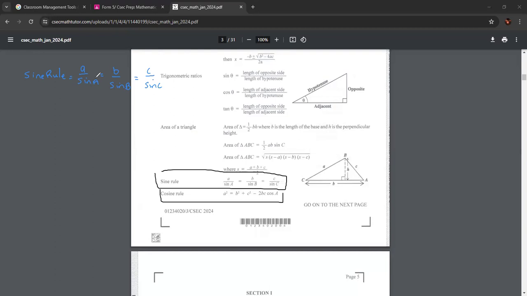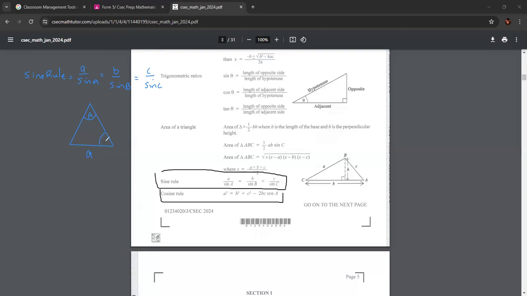Right? So what do we mean by this? If we have a triangle, remember it's a non-right angle triangle, the capital letters represent the angles. So let's say this is A, the side opposite the A is going to be the corresponding small a. So capital A represents the angle, and the side that is opposite to that angle is small a.